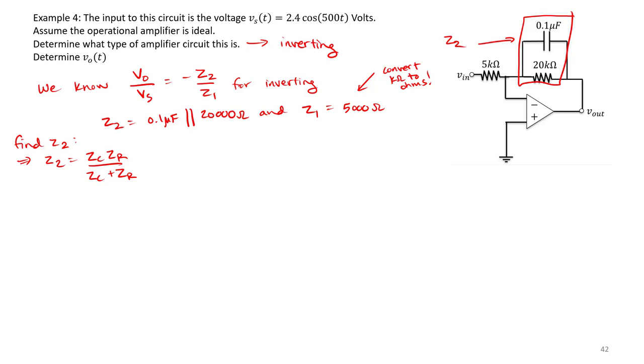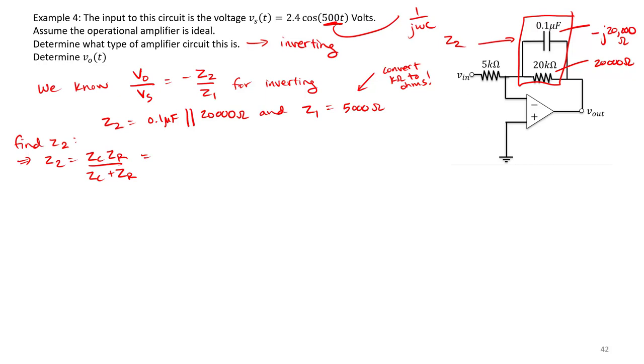And we can determine in this case that the 0.1 microfarad capacitor is going to have an impedance of negative J20,000. And of course, a 20 kilo ohm resistor is just going to be 20,000 ohms. And notice here again, I can determine the J20,000 from 1 over J omega C, where omega is 500.